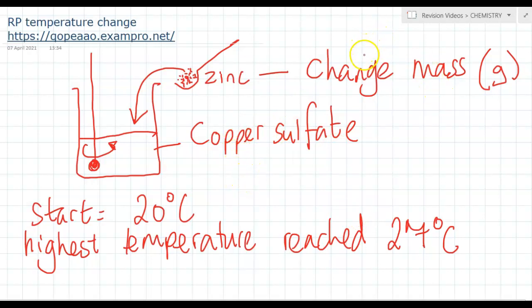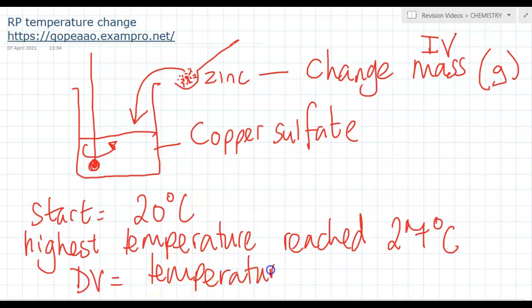So my independent variable would be the mass of the zinc. My dependent variable will be the temperature rise or fall. It could be either, in this case it would be a rise or temperature change.